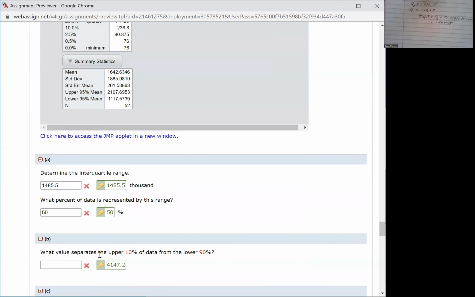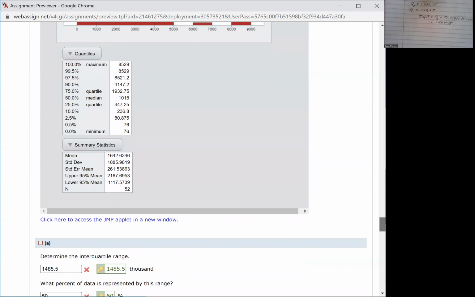What value separates the upper 10% of the data from the lower 90% of the data? Okay, let's see if we can find that. I think it's given right here. This is the 90th percentile, we call it. Okay.